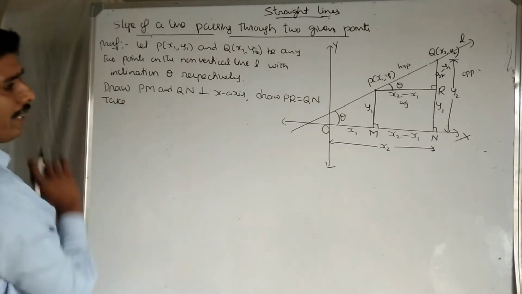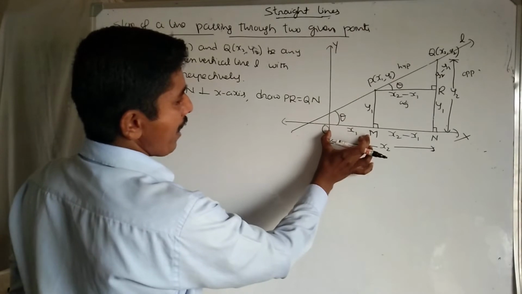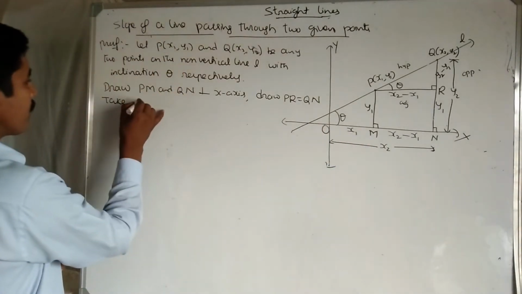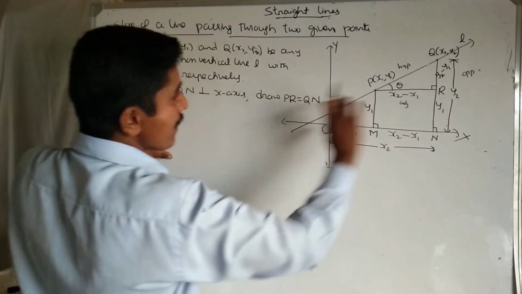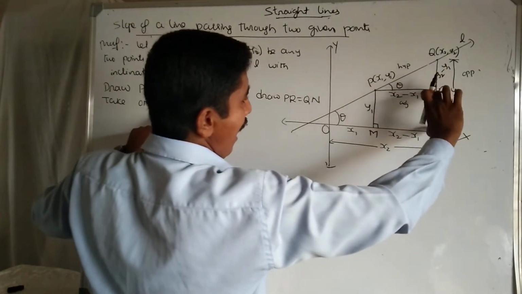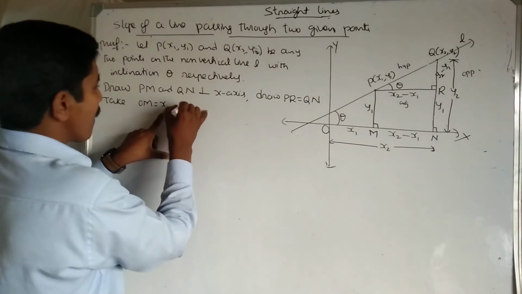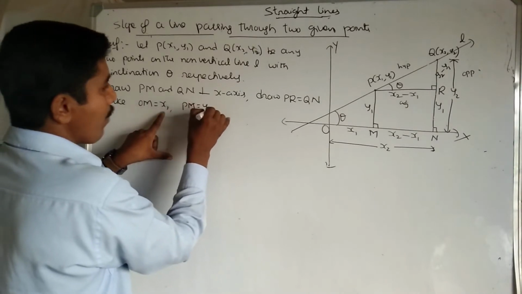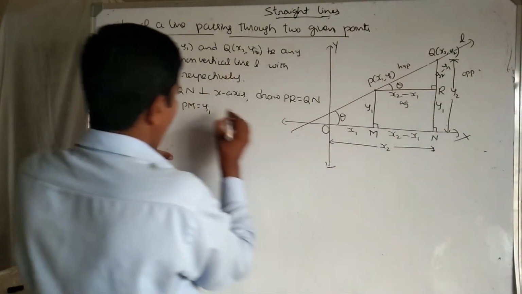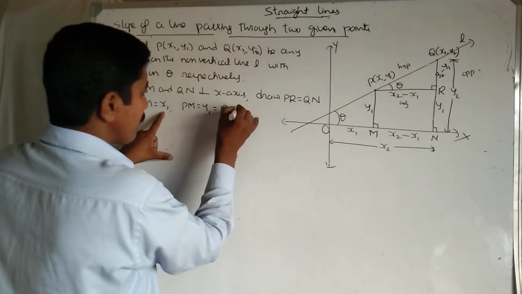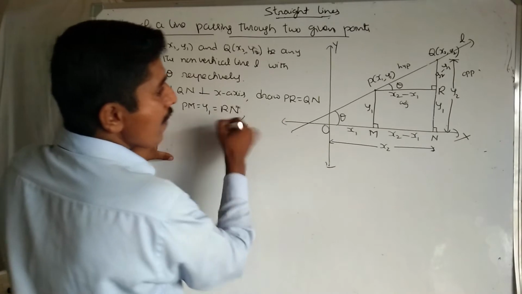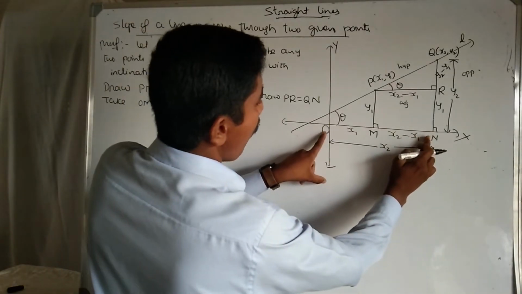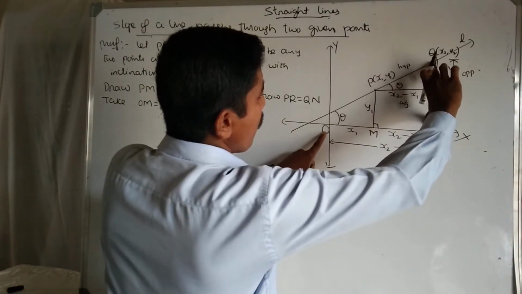So now clearly take here OM equal to x1, PM equal to y1. RN equal to y1 as well, since PM equals y1. So next, ON equal to x2, QN equal to y2.